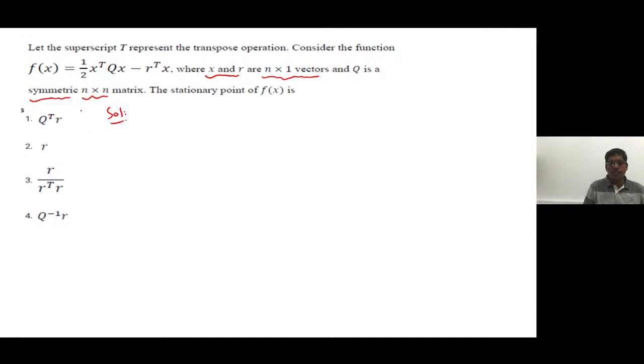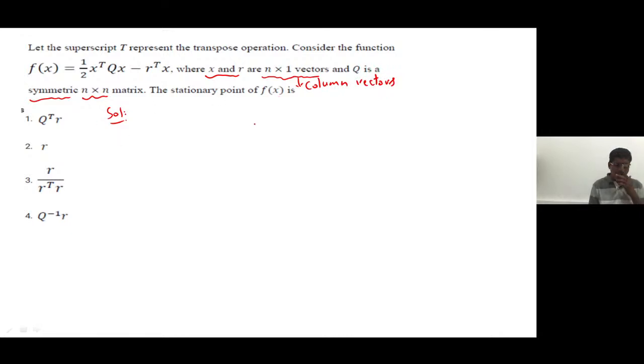Consider the function f of x is equal to half times x transpose Q x minus r transpose x, where x and r are column vectors, that is n cross 1, and Q is a symmetric square matrix here.